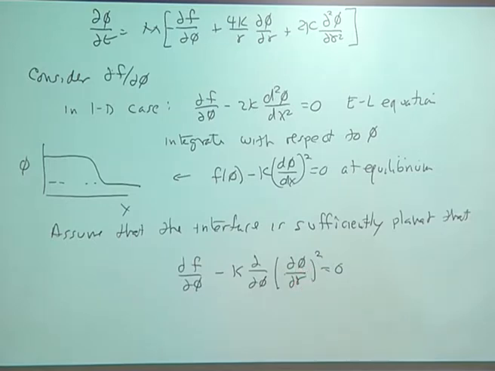And so what I'm saying is that this interface is sufficiently planar that the curvature of the interface is essentially flat. In other words, I'm assuming the thickness over r is much less than 1.